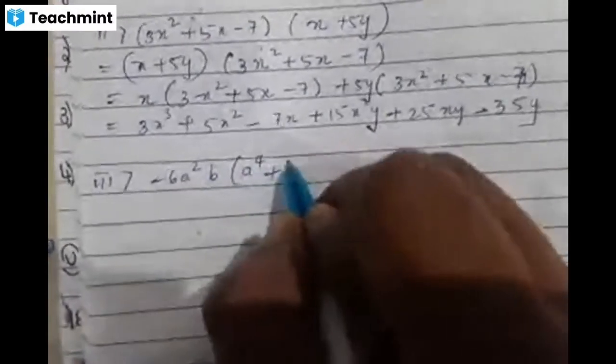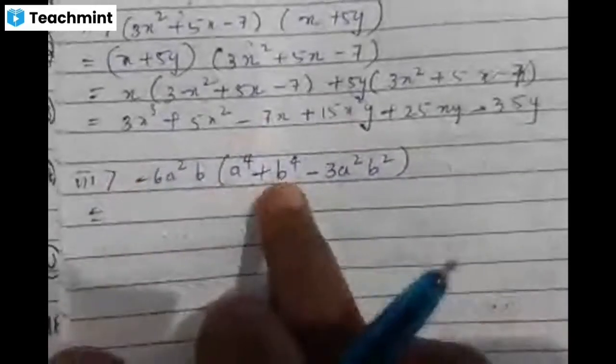Third one is minus 6a square b into a to the power of 4 plus b to the power of 4 minus 3a square b square. We know this is very easy: multiply a monomial with the trinomial. The outside term has to be multiplied 3 times with the inside terms.